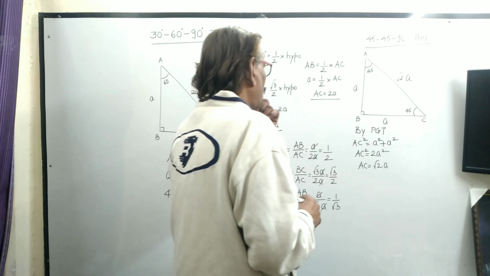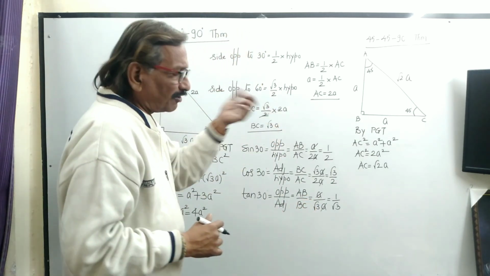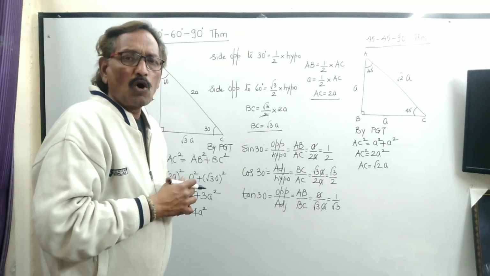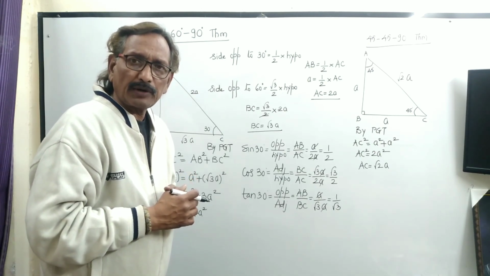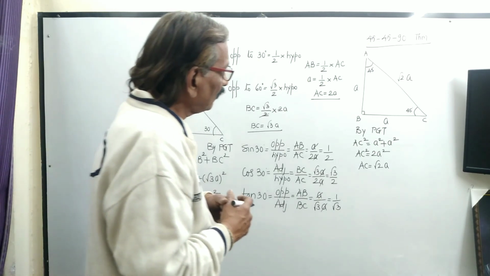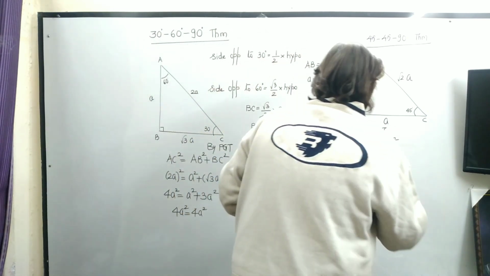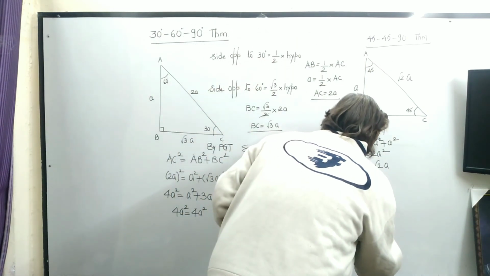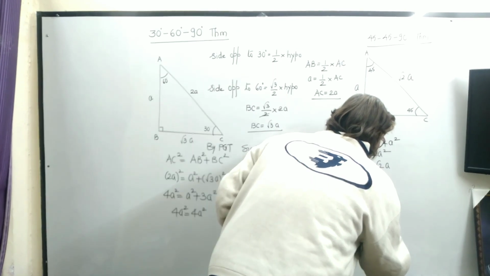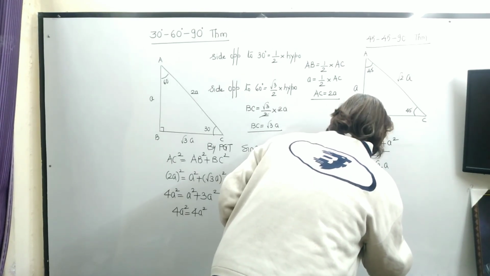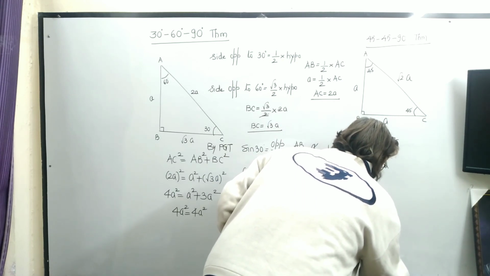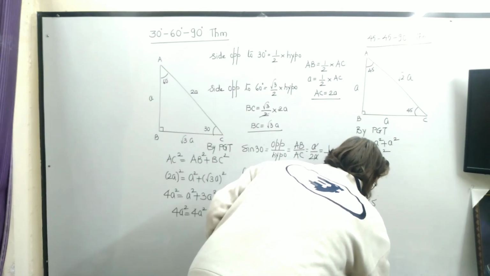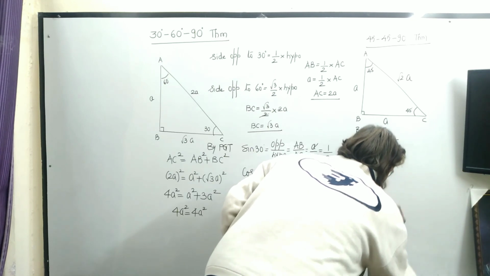Now, side opposite to 45 degree angle is 1 upon root 2 times the hypotenuse. If I consider sine theta or sine 45 here, cos 45 and tan 45.